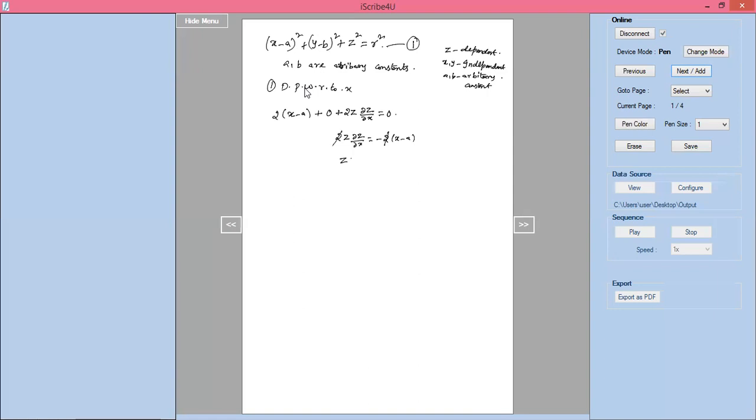So z into p, that is ∂z/∂x, we can write as minus (x − a), or this only I'll write: −zp equals x − a. Either if you write like this or like this, both should be the same. This one I'm taking as equation number 2.